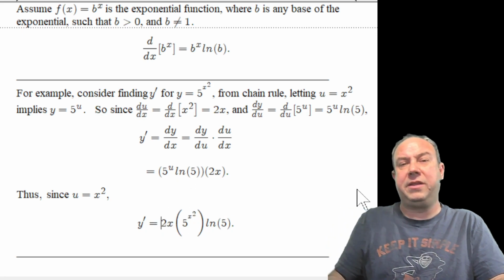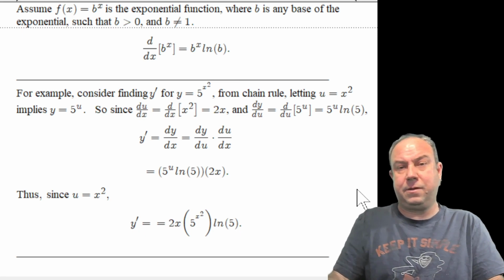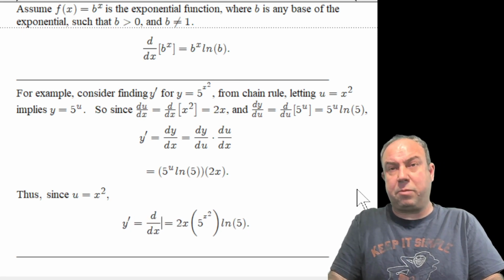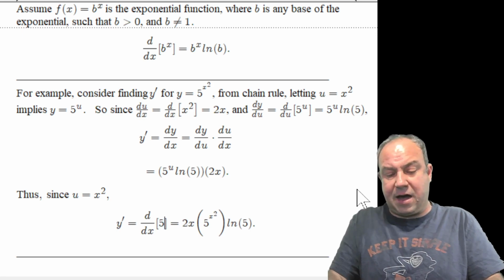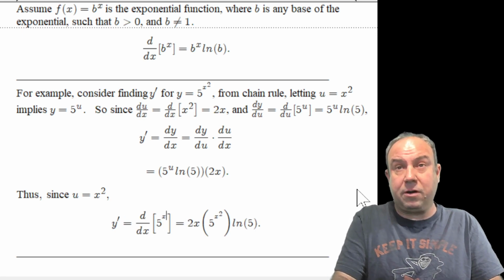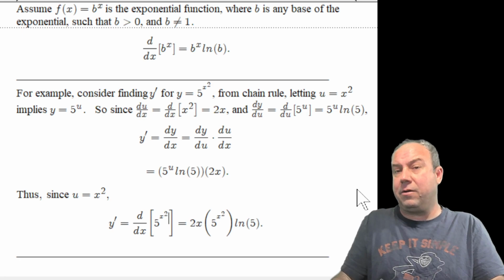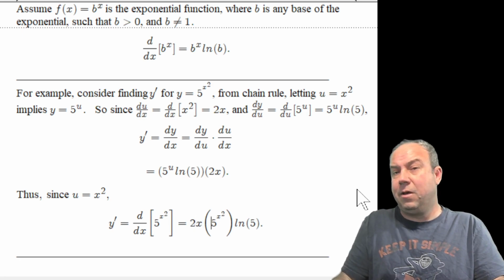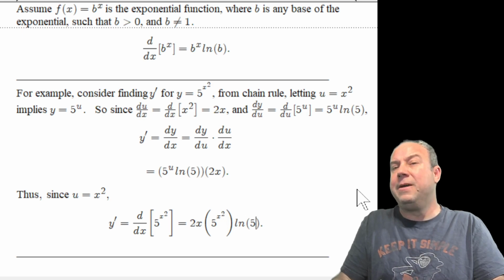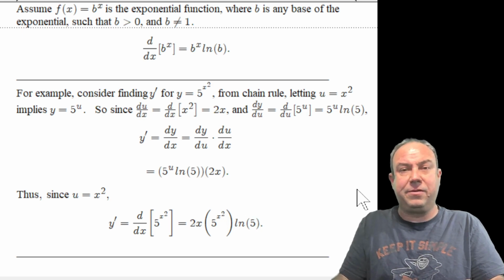What would be the derivative with respect to x for 5 raised to the power of x squared? Well, that would be 2 times x times 5 raised to the x squared power times the ln of 5.